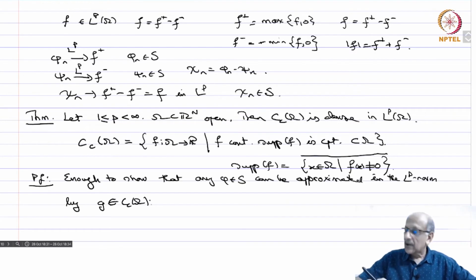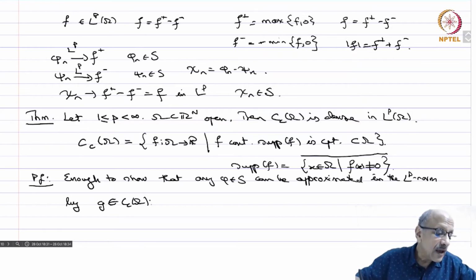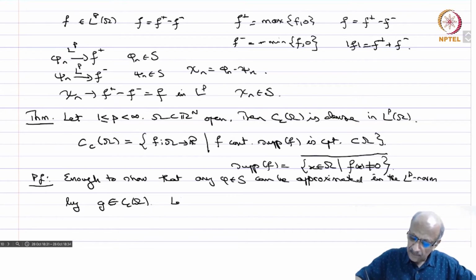If every phi can be approximated by G, then by the triangle inequality any f can be approximated as closely as you like by a function G. So let phi belong to S and let epsilon be greater than 0.